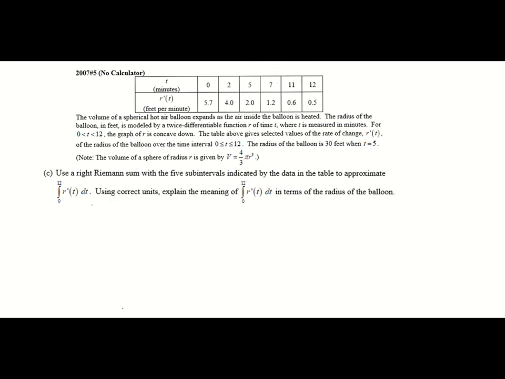Or I could have said the change in the radius of the spherical hot air balloon. I wanted to be a little bit more precise, but for sure I needed radius in there.